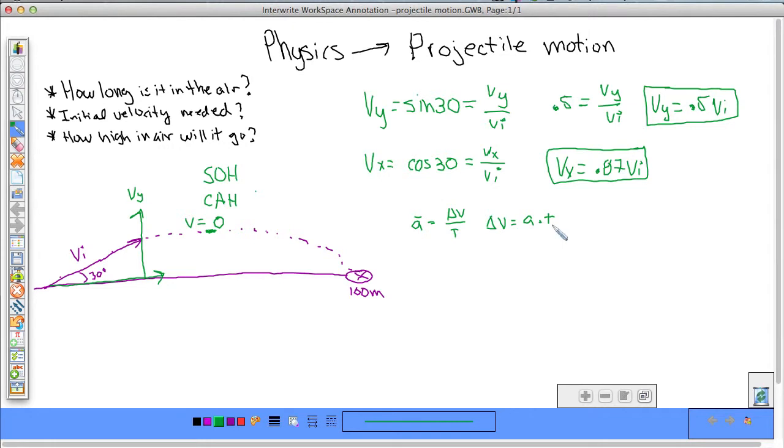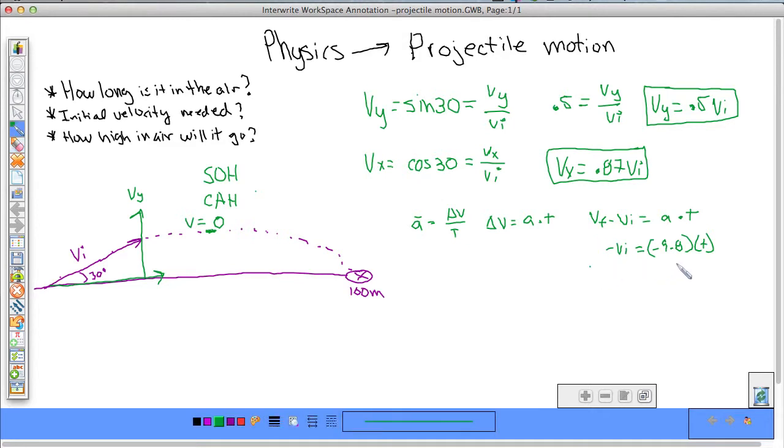All right, so change in velocity, we could say, is velocity final minus velocity initial, equals a times t. So my velocity final is 0, minus my velocity initial, equals negative 9.8 times t, because gravity is taking away from my velocity. So I could just take away this 0 right here.